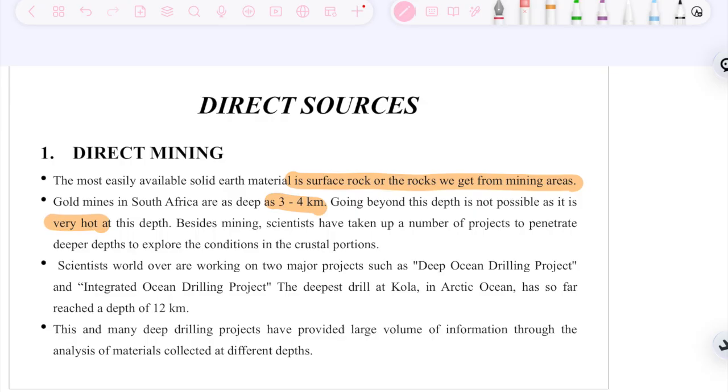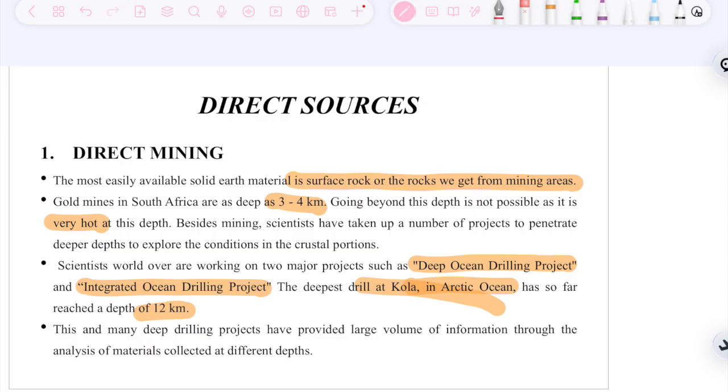So scientists around the world are working on two major projects, that is the Deep Ocean Drilling Project and the Integrated Ocean Drilling Project. It is basically to drill inside the ocean, and the deepest drill is in Kola in the Arctic Ocean, and it is only 12 kilometers deep. Again think, out of 6,000 kilometers, 12 kilometers, what change will it make?